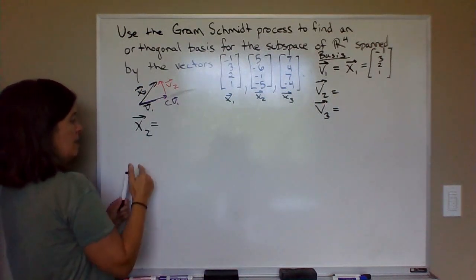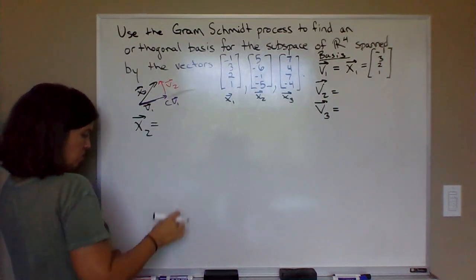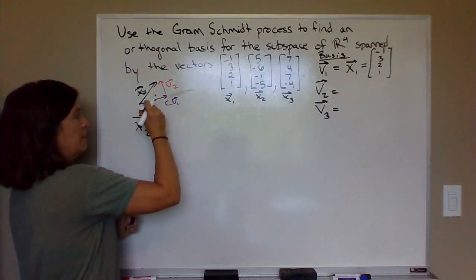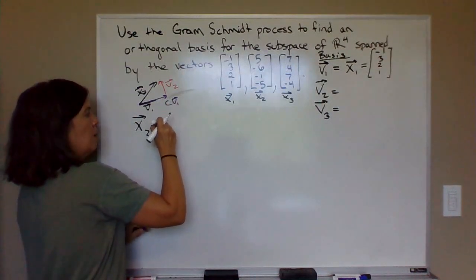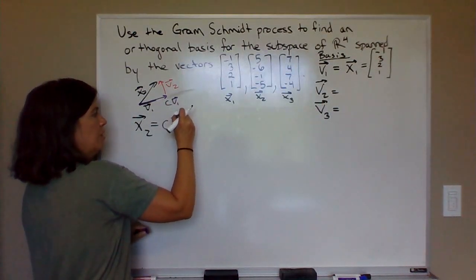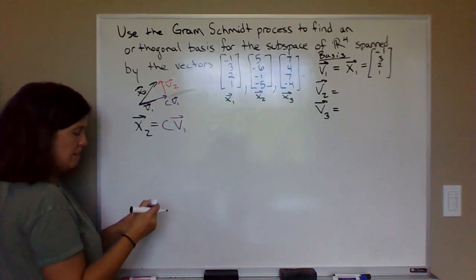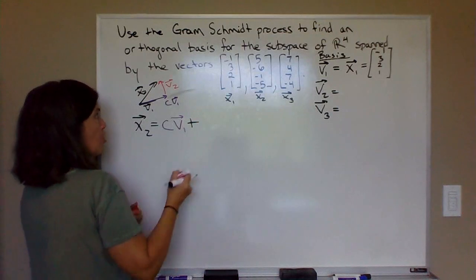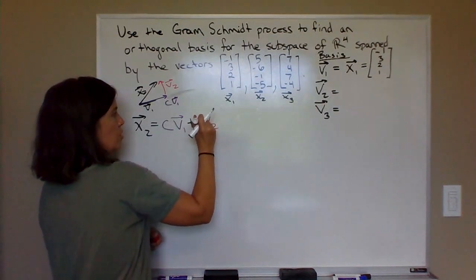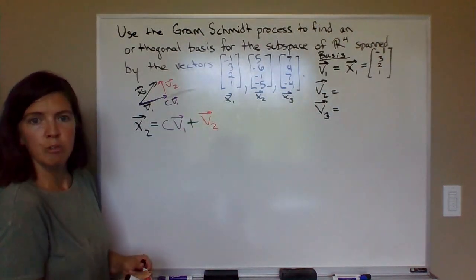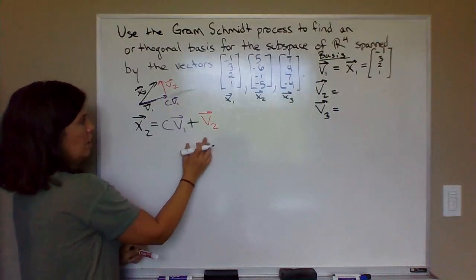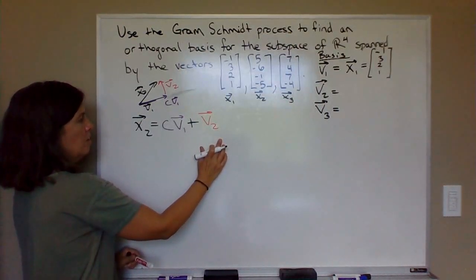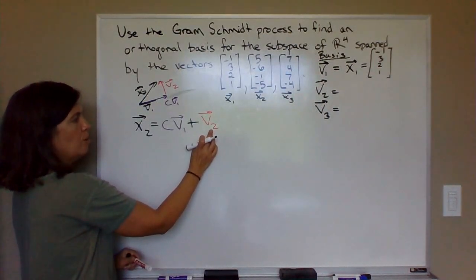So I want to write x2, just copying from the diagram I drew, as the sum of one vector that's already in the span of our first basis vector plus another vector, v2, which is orthogonal to v1. In this equation, I want to solve for v2.